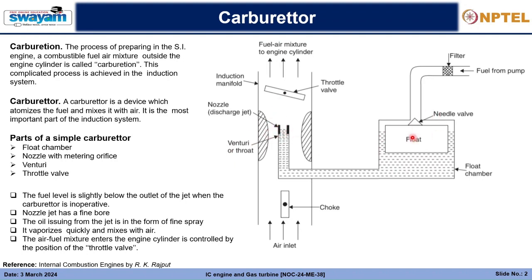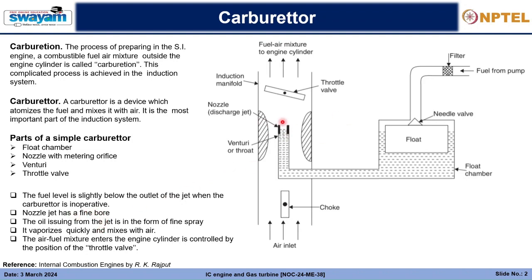If the system is not operative, then we do not need the fuel to pour out into this venturi, right? That's why we do not need the extra head out here. We need the level to be lower than this, and accordingly there will be no pressure head to force this fuel out when the system is inoperative.